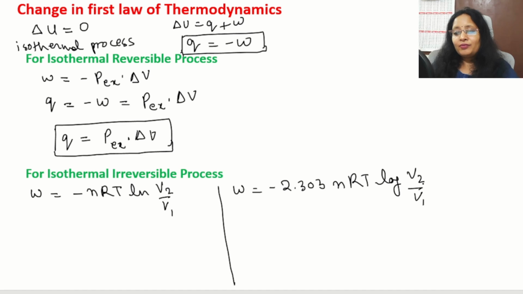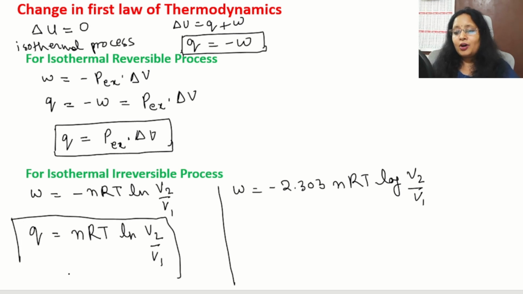We studied earlier that work done is like this in the reversible process. So from here we can find the value of Q also. Q is equal to minus W. It means the minus will cancel out with the minus, and nRT natural log V2 upon V1 will be the equation which is coming out for the isothermal reversible process.